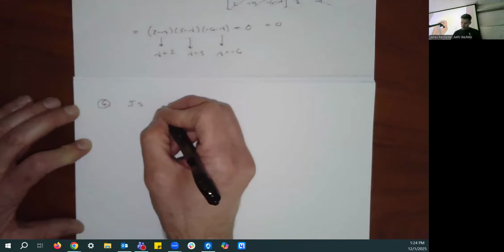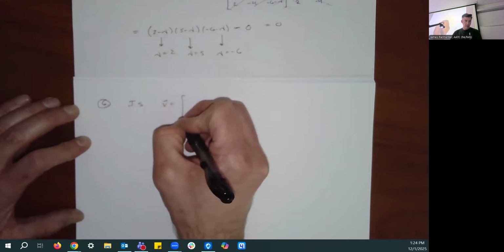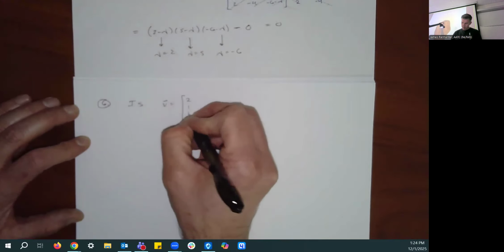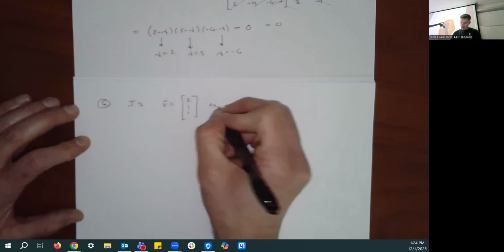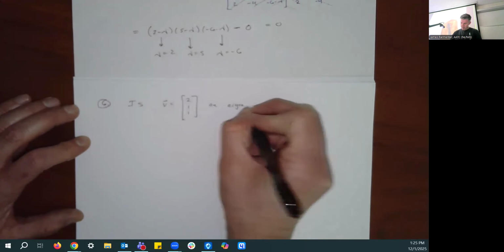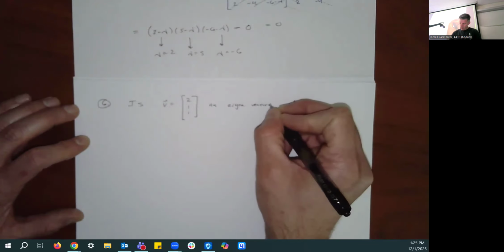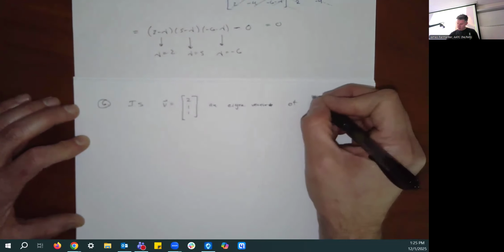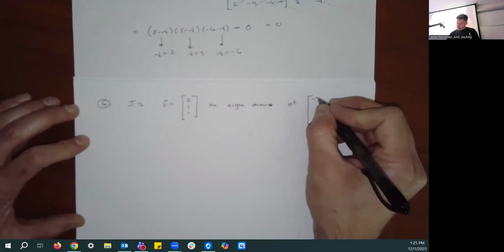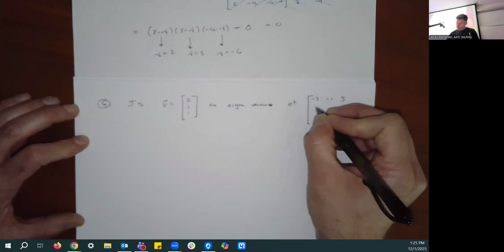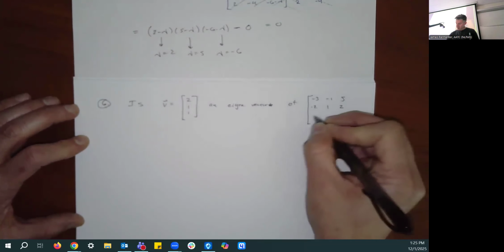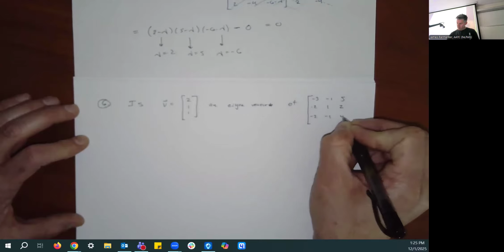Is this vector 2, 1, 1 an eigenvector of this matrix? -3, -1, 5, -2, 1, 2, -2, -1, 4.